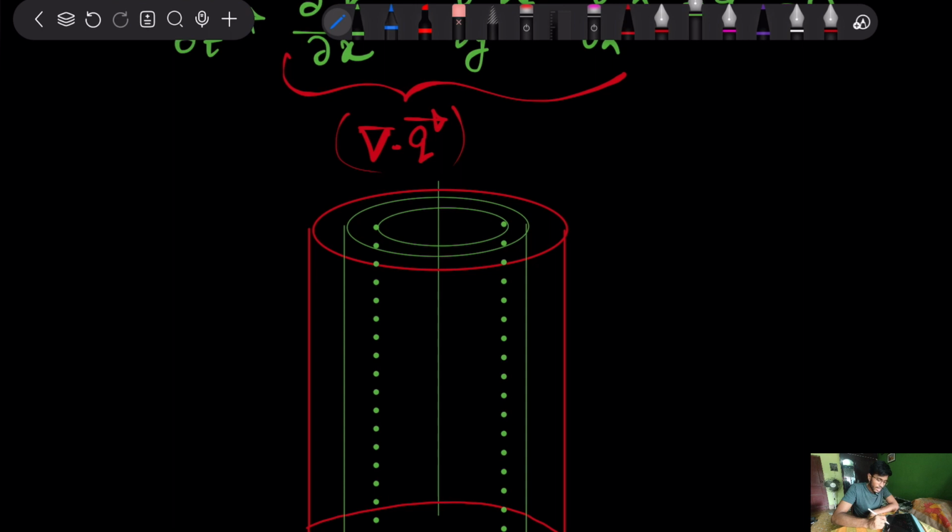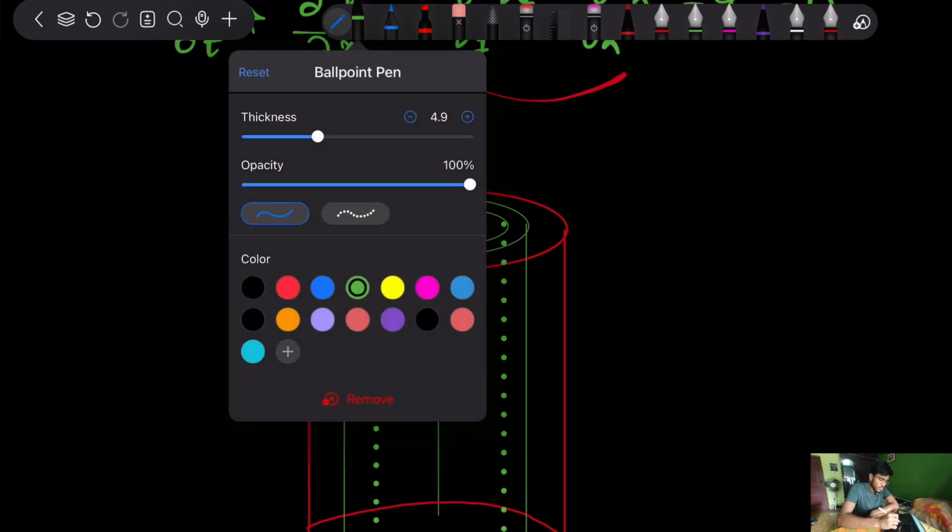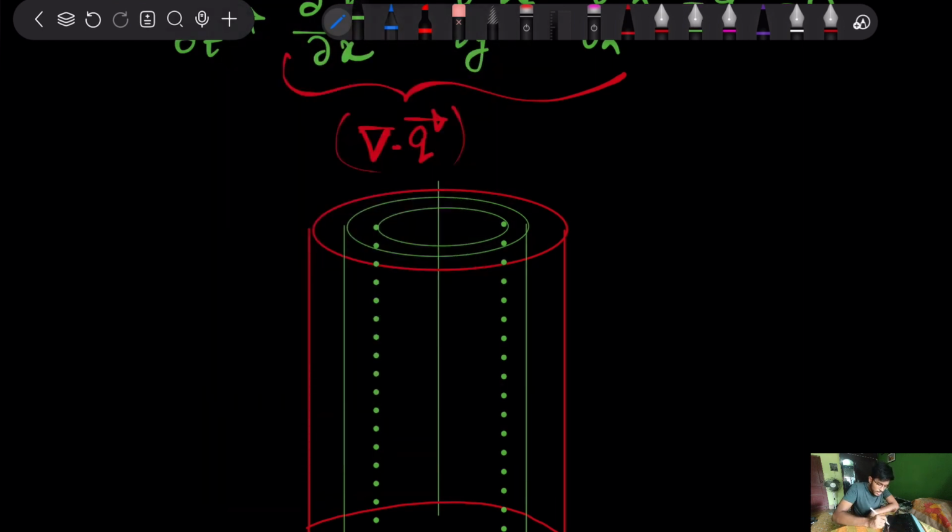And the inner circle I will draw with this one only, and the outer circle I will draw by a solid line. Okay, so now my control volume is only this part.